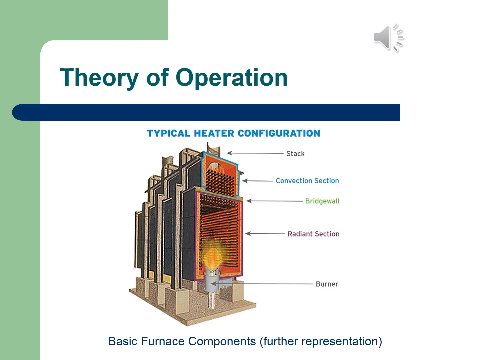If we look at a further representation of these basic furnace components, it's more or less the same as on the previous slide, maybe a little bit more detail. But you can see again the main components consist of a stack. Over here it has the convection section, and there's also a radiant section. So these are the heating chambers.